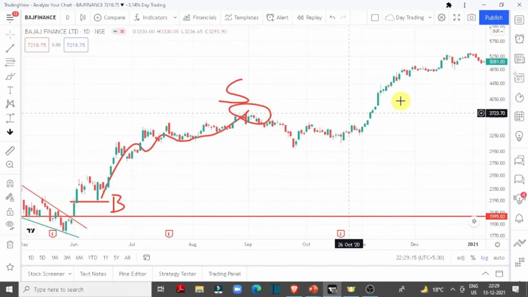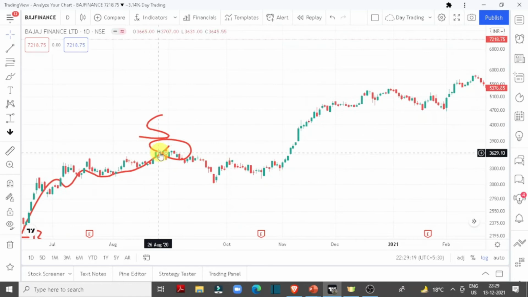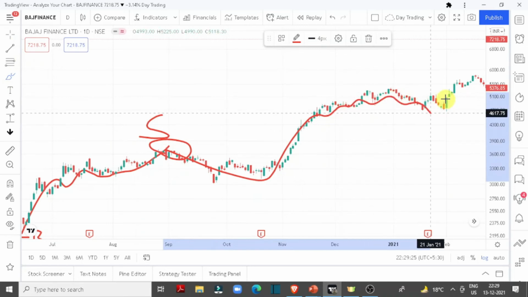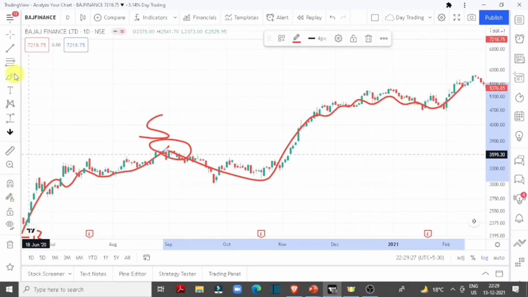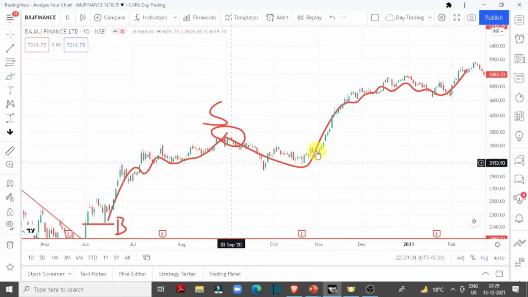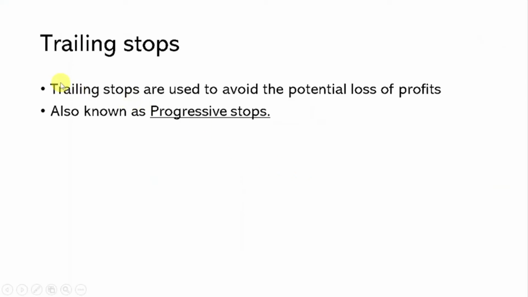But after that, if the stock goes up, which in this case has gone up, then this is a potential loss, because you could have taken more if you had held your position. So our trailing stop loss should be such that it helps us ride the trend as much as possible.